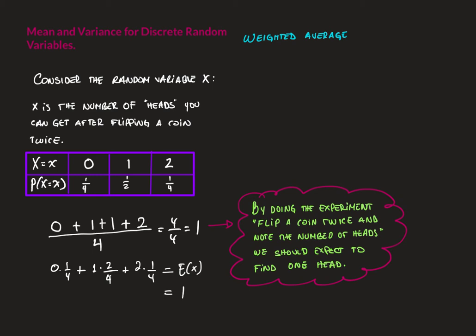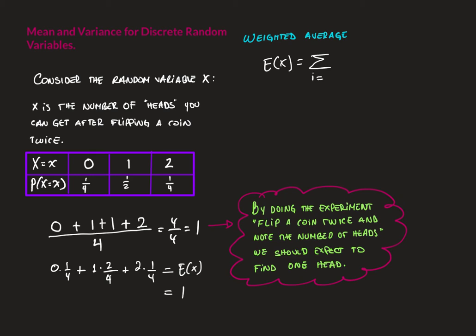So in general, the expected value, or the average of a probability distribution of this kind, is going to be given by the sum of all of the products for each of the elements.